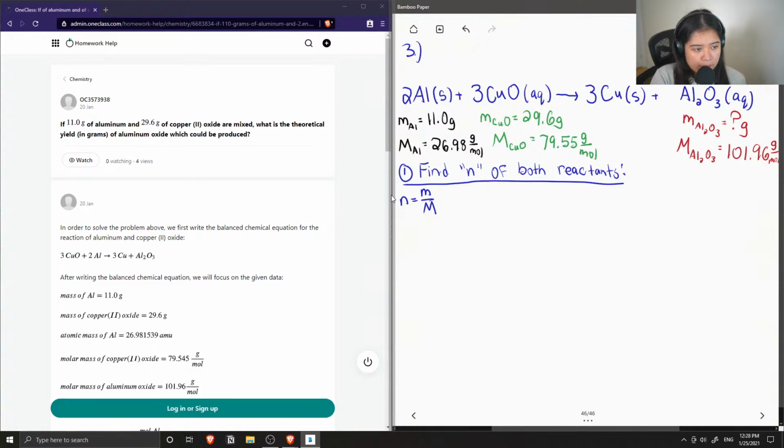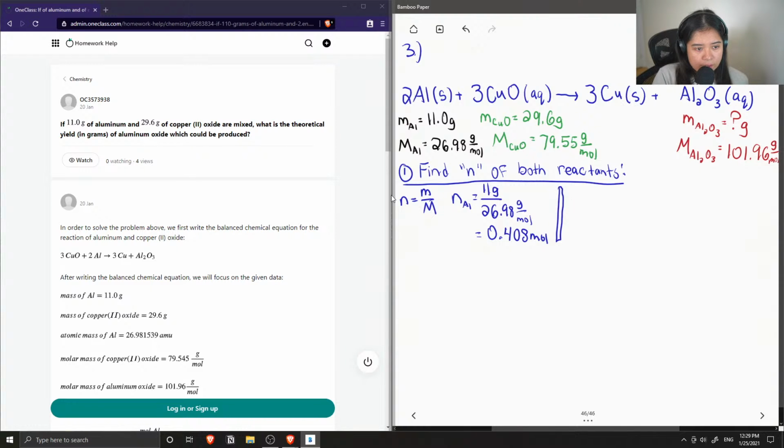So let's do aluminum first. Its mass was 11 grams, and its molar mass is 26.98 grams per mole. So we get a final number of moles equal to 0.408 moles.